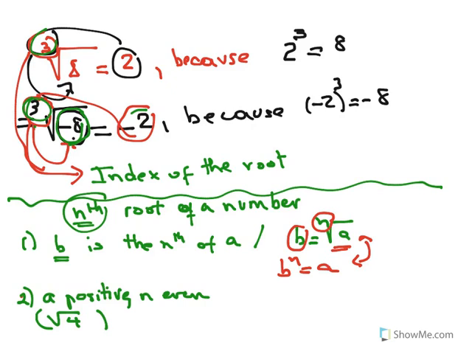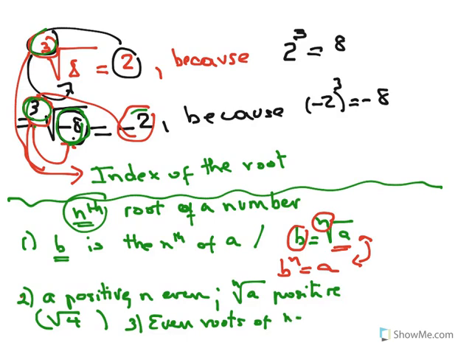The nth root of a is going to be positive. Now, even roots of negative numbers are not real numbers. Even roots of negative numbers are not real numbers. Are not real.